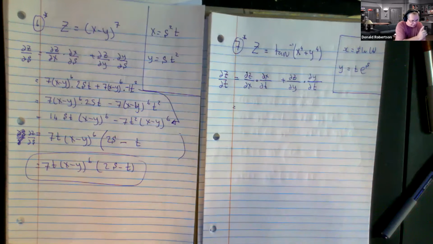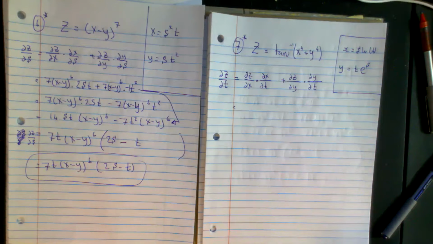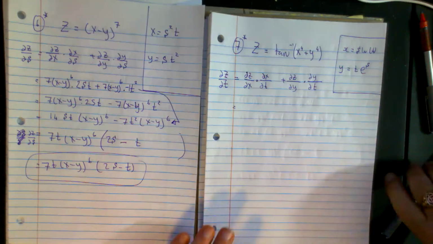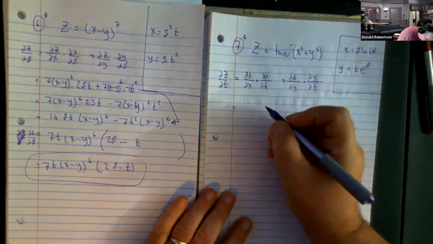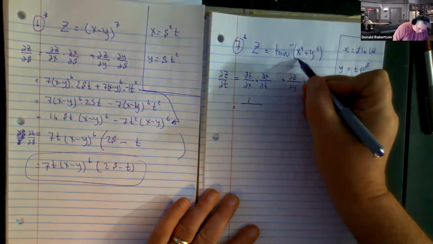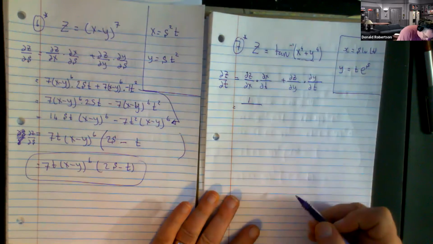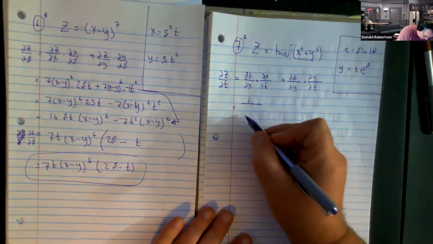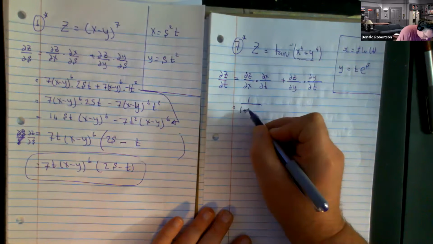Okay, first question then. What is the derivative of an inverse tan? 1 over 1 plus x squared. Right. So instead of x squared, we're going to call that something else, so it's going to be 1 over 1 plus that guy squared.